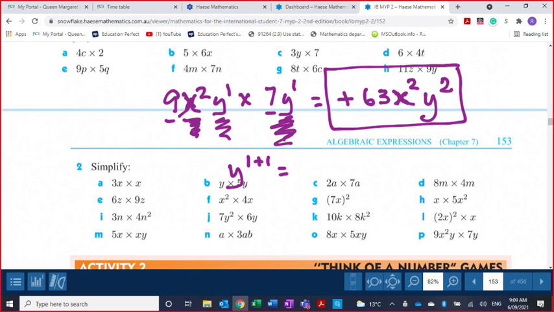Piece by piece. Don't try to look at it all at one time. Later you'll get so used to this because you're going to do it a lot that you can just look at them and say, boom, 63 x to the second, y to the second. But for now, write it out. Take it piece by piece. Learn the steps. Okay?